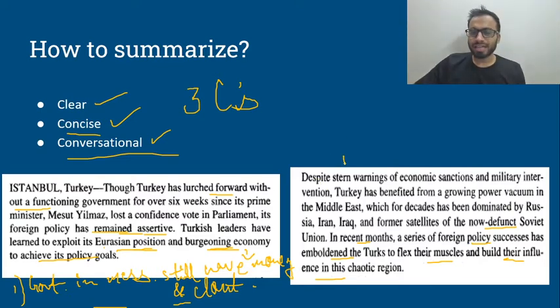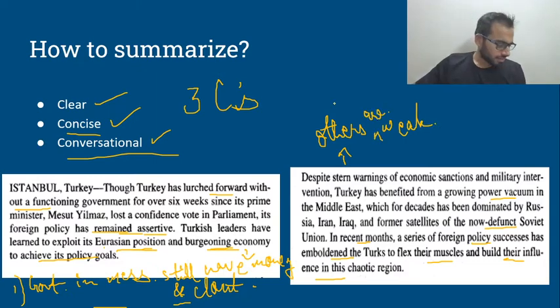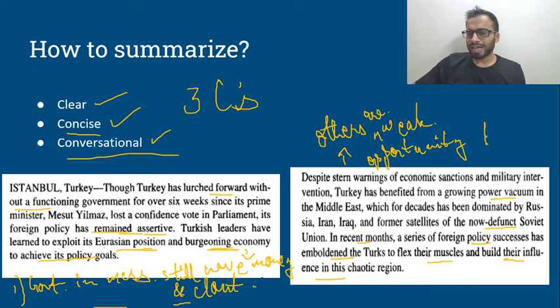अब ये लोग क्या कह रहे हैं यहाँ पे? पावर वैक्यूम मतलब अदर कंट्रीज वीक है, others weak, or rather we can insert an r here. Others are weak, so opportunity to act tough, right?